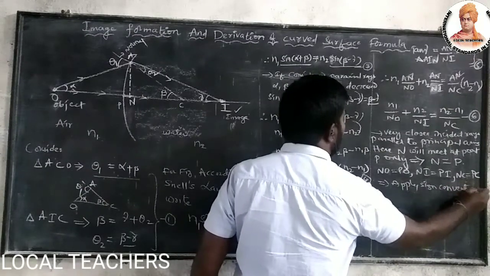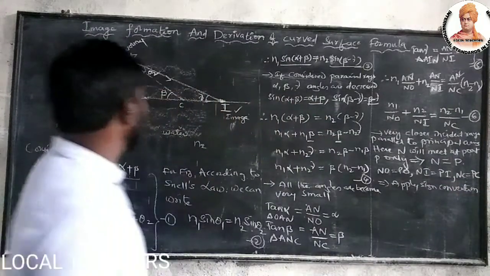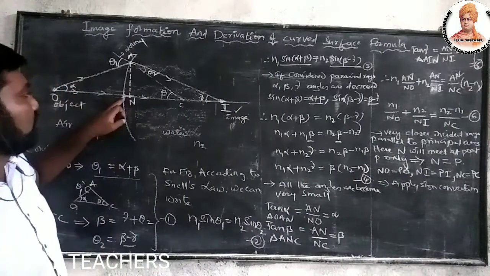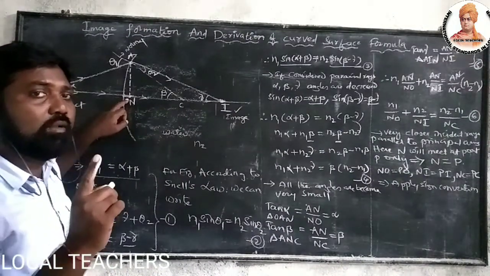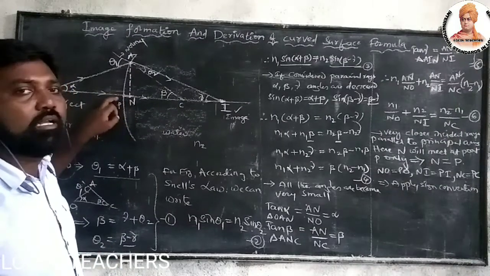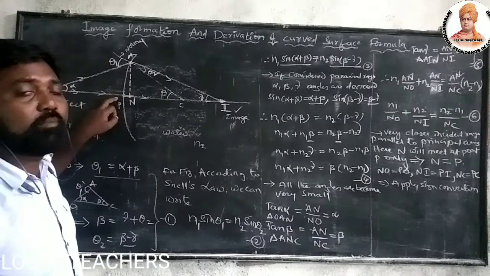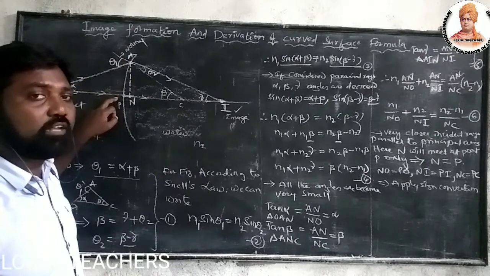By applying sign convention, we can write these values. Always the distances are measured from the pole only, the midpoint of the curved surface.